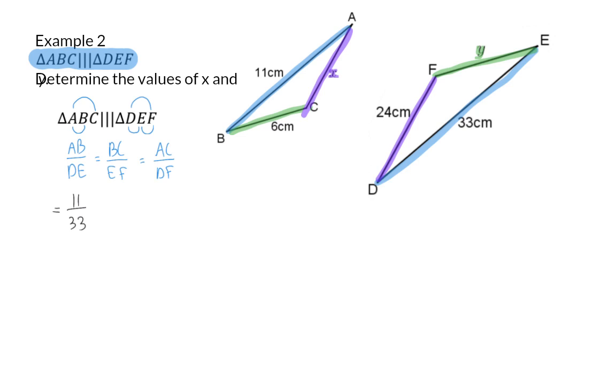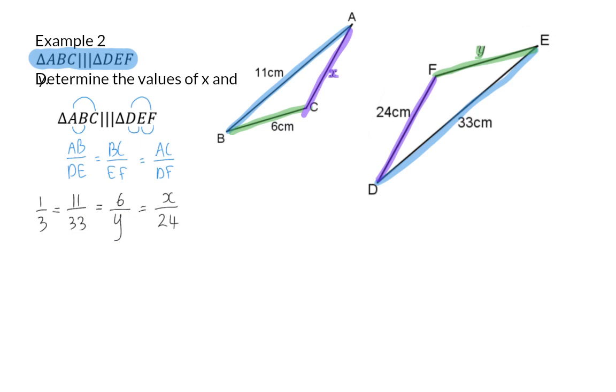This completely simplified ratio of a third means that triangle DEF is 3 times the size of triangle ABC. BC was given as 6 centimeters and EF is the y value we need to determine. AC is the x value and DF is 24.